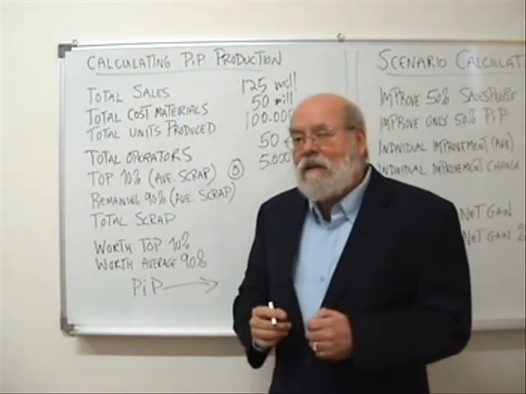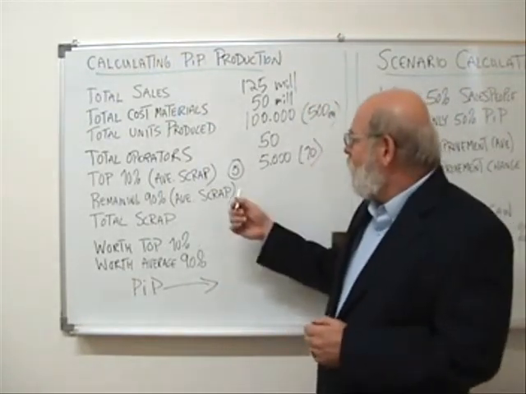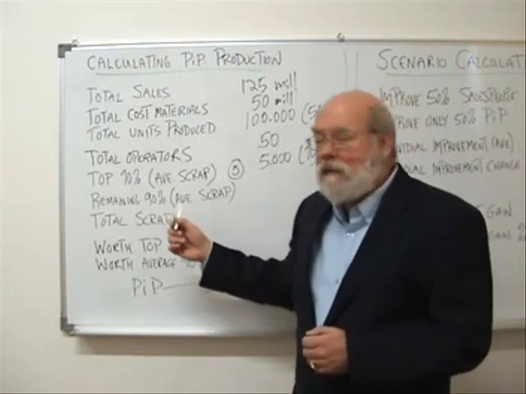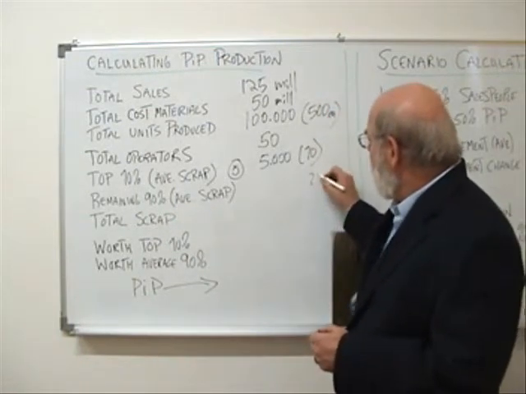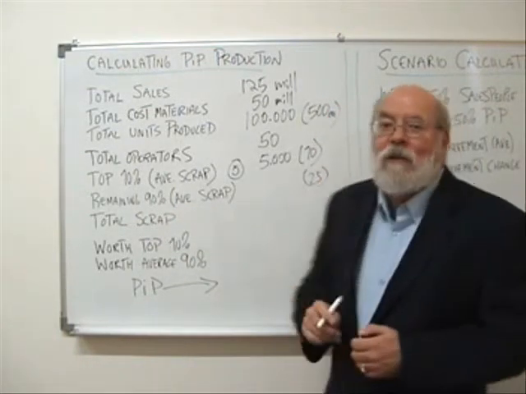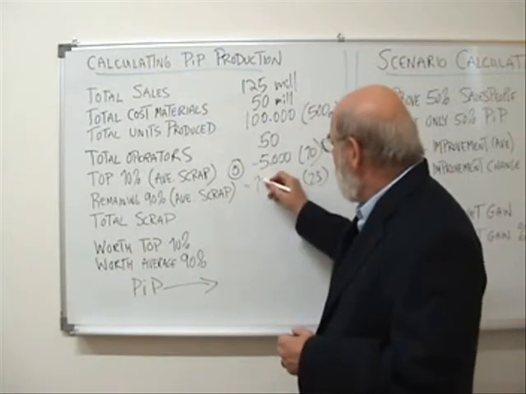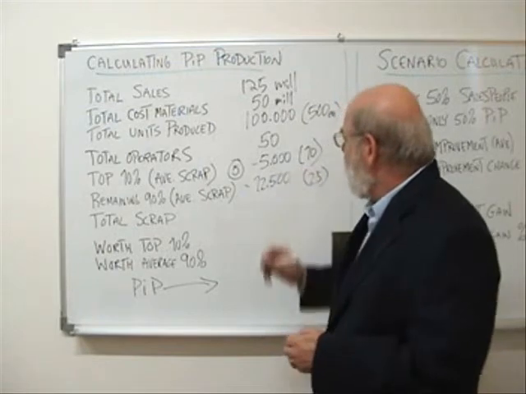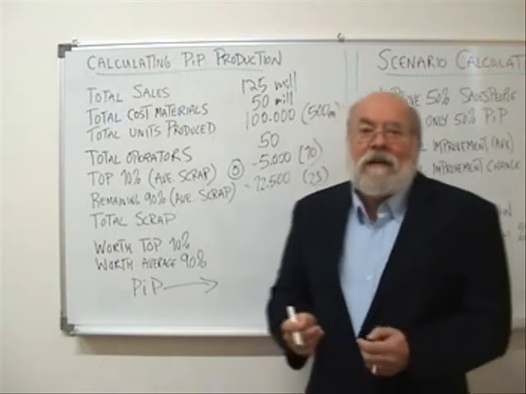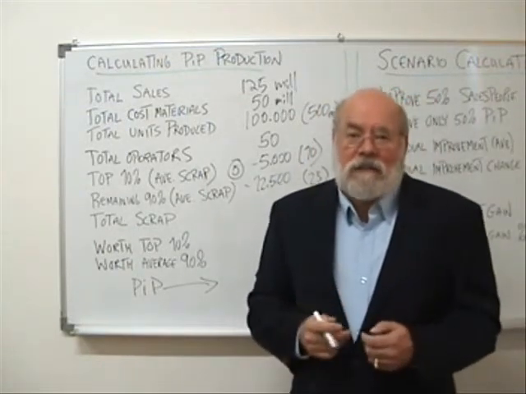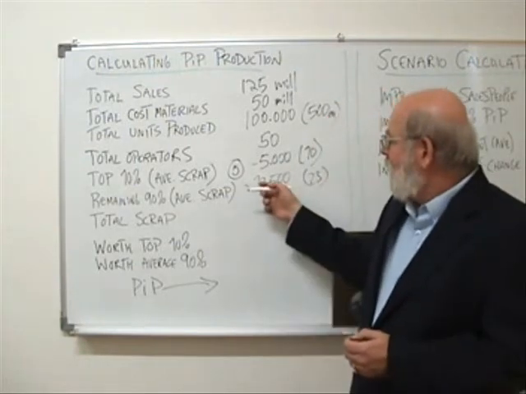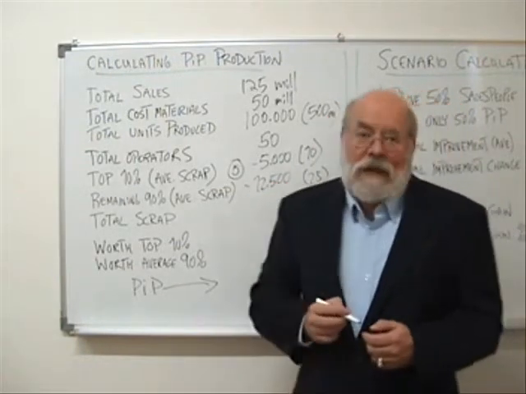When we look at our other 45 operators, the remaining 90%, we find that generally they are having about a 25% waste in this case, which is a 12,500 cost of scrap out of these materials that are being built. So in fact, they've got a higher average waste.